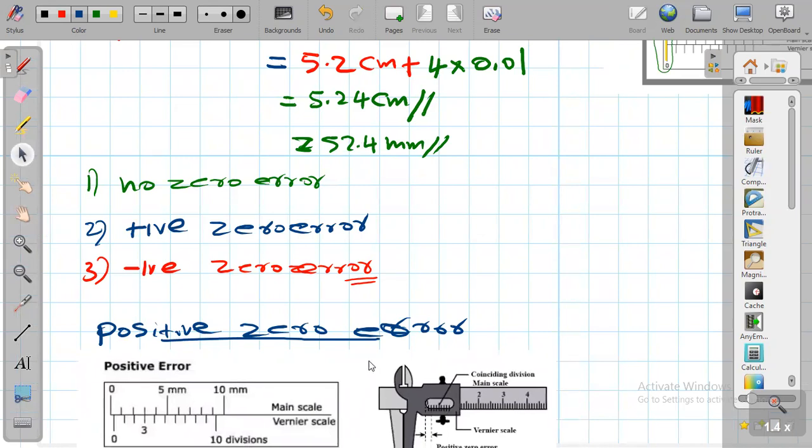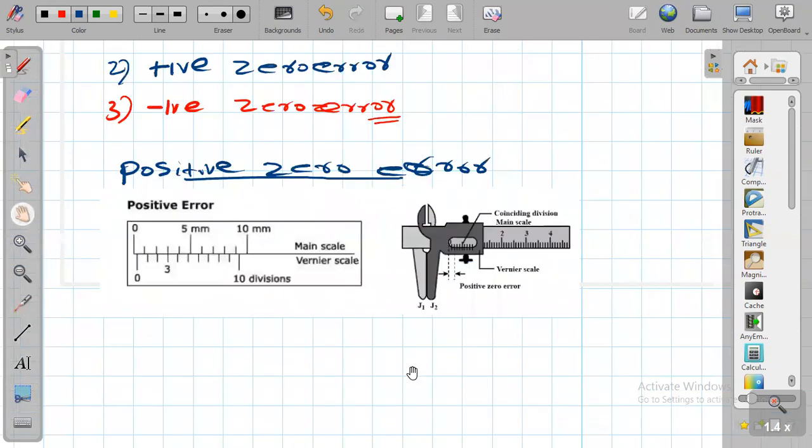Chalaka, up to what lesson will it come? Huh? What?